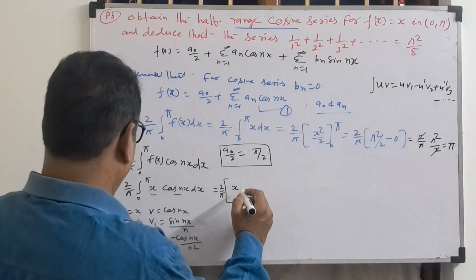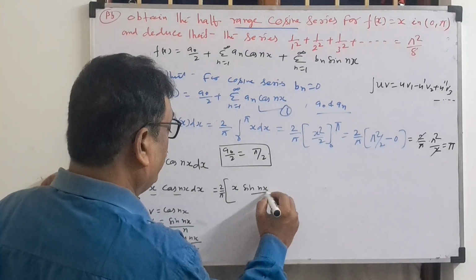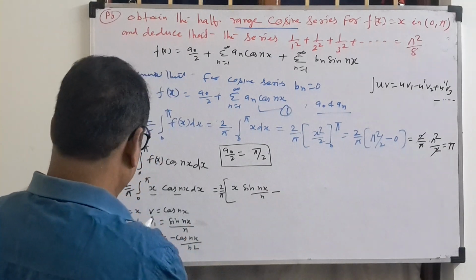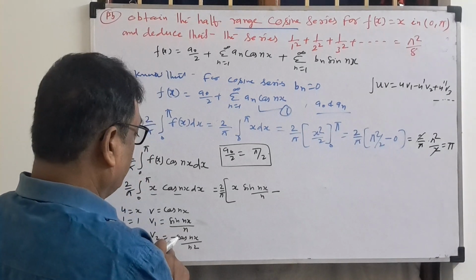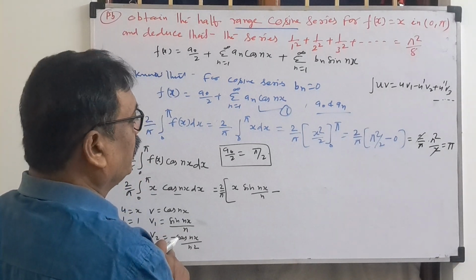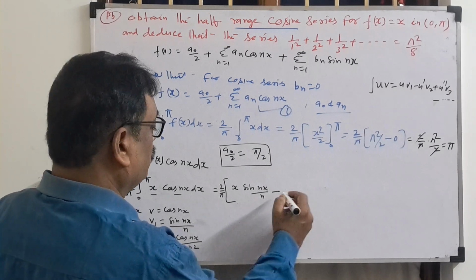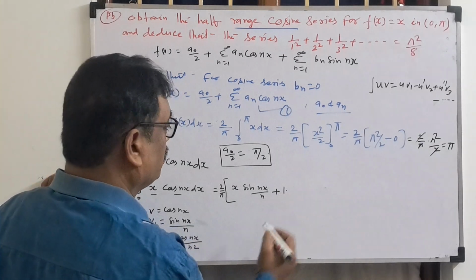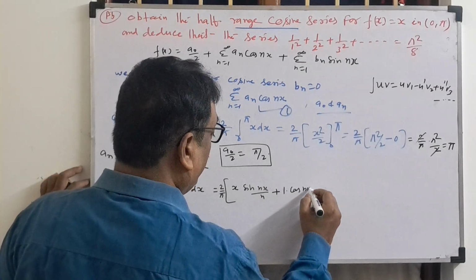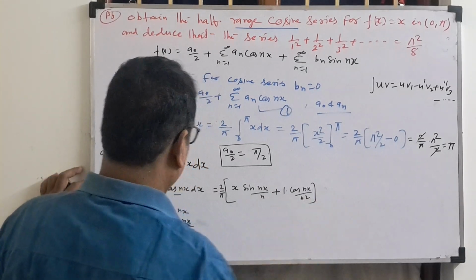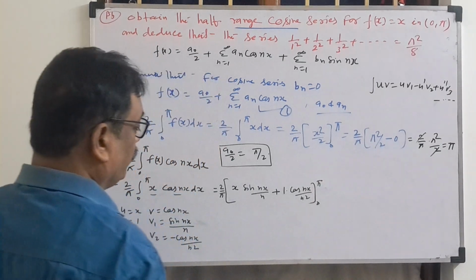Now substitute: u into v1, sine nx by n, minus, u dash v2, so v2 is minus, u dash is 1, so minus times minus gives plus cos nx by n square, with limit 0 to pi. Now we'll substitute here.